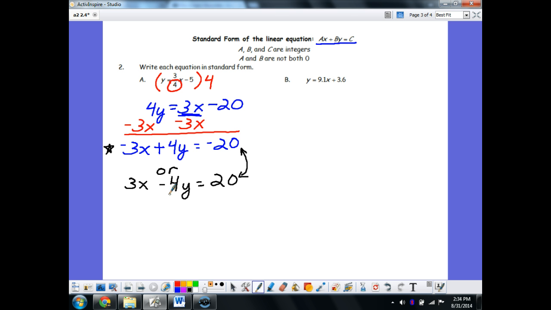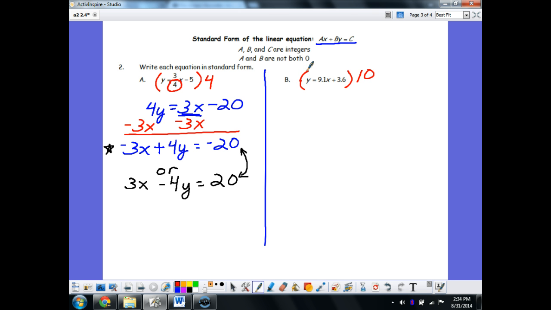Now, for our second one, example B, we have decimals involved. So to get rid of the decimals, if we got rid of all the decimals, we would essentially have to move each one over once. Well, to move the decimal point to the right one place, you would have to multiply everything by 10.